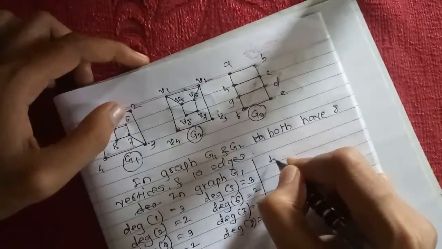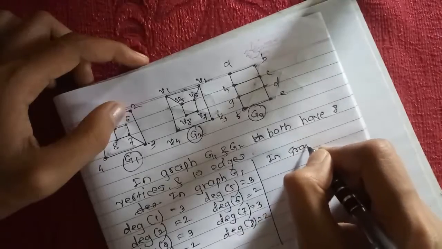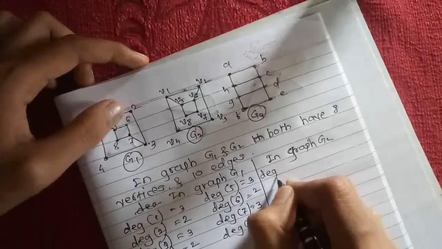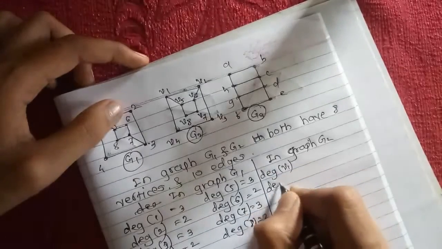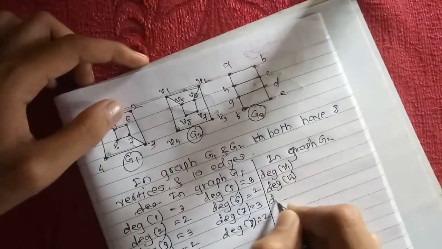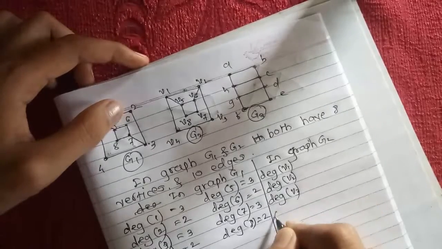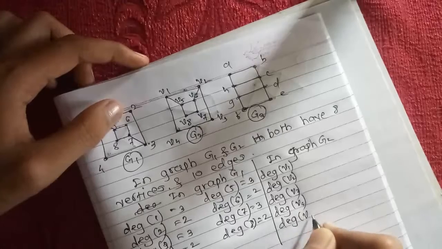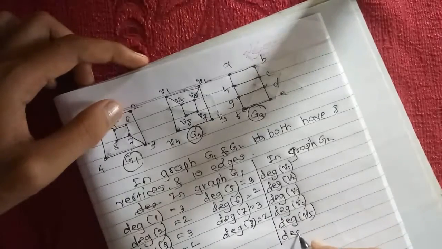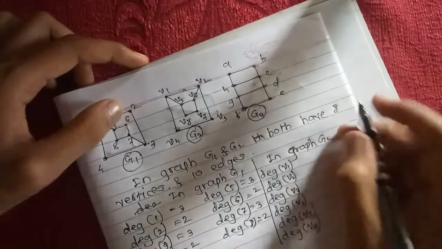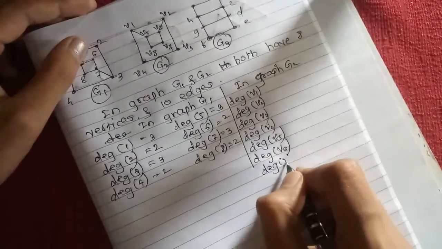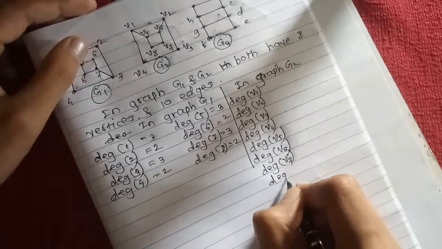And in graph G2, degree of V1, V2, V3, V4, V5, V6, V7 and V8 here.